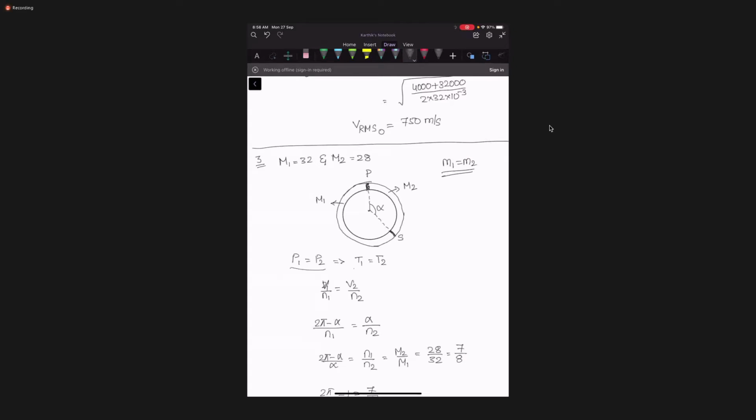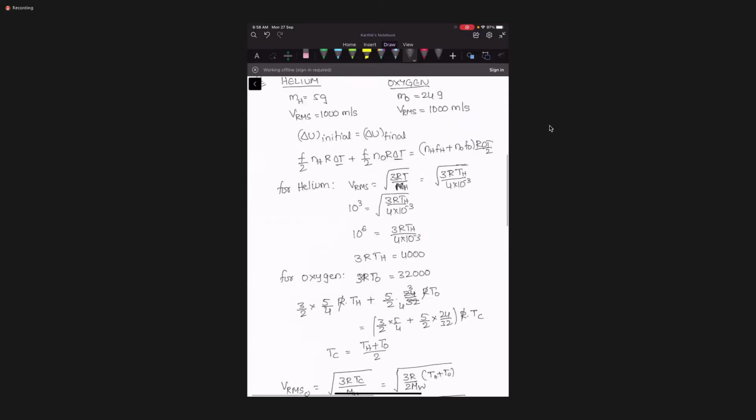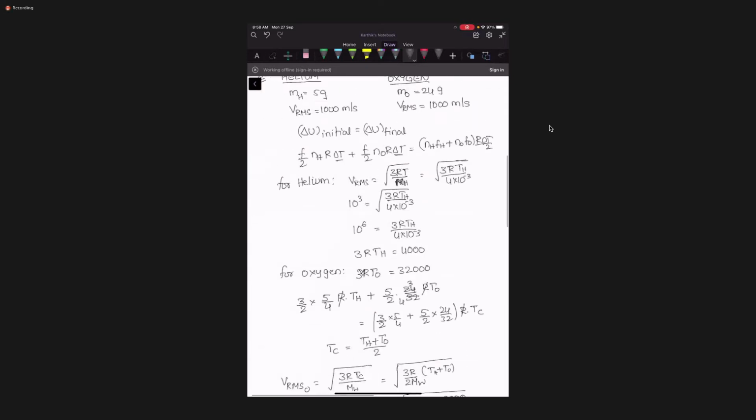But if you don't get this idea for this question, this step will not come. Because PV is equal to nRT, so V is directly proportional to number of moles. Here also, how many of you have done this question? Helium and oxygen.